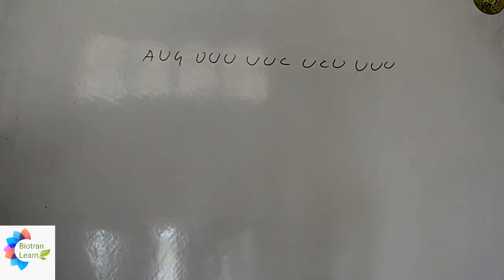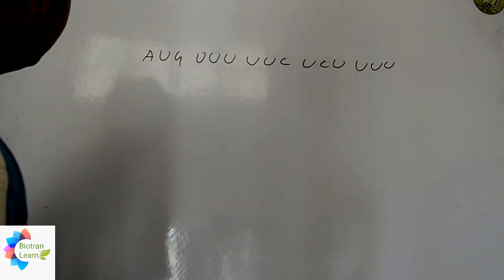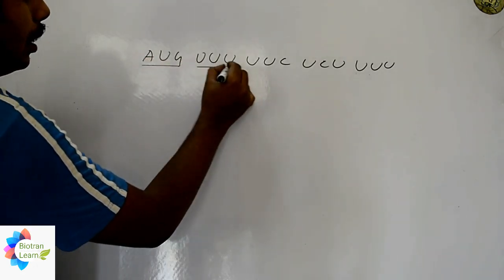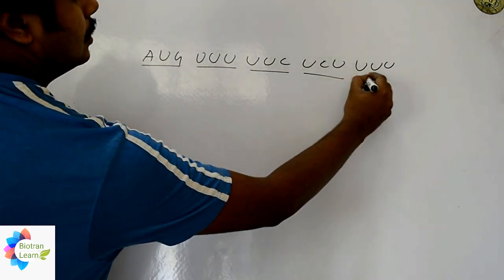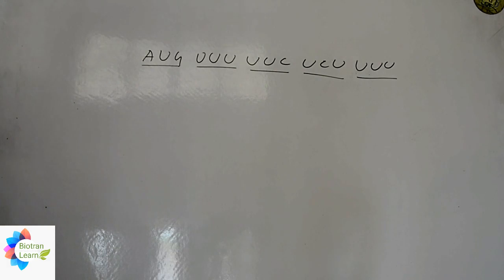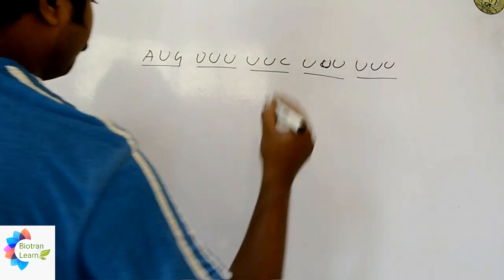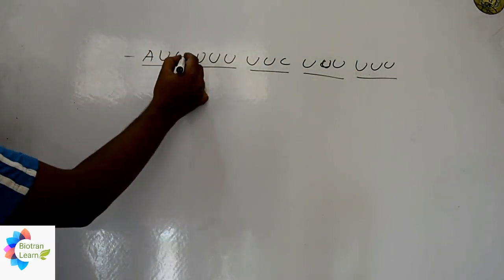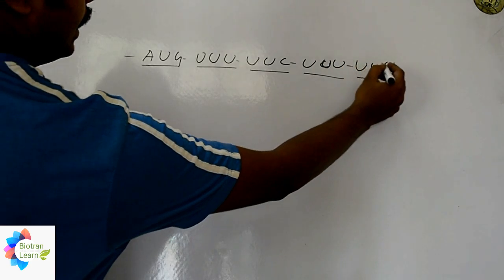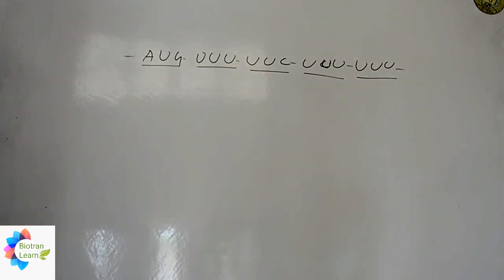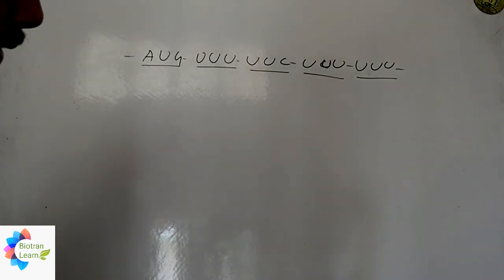So in this section we can see that there are three bases in which we can find different kinds of codon. So these will be our codons, and against these codons we will get a particular kind of amino acid. Right. So what would be that one?